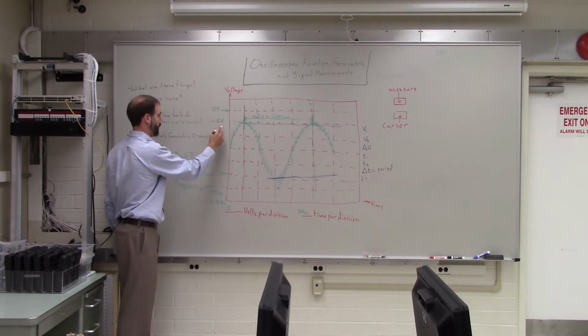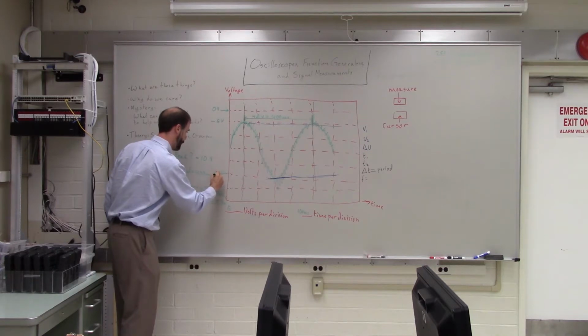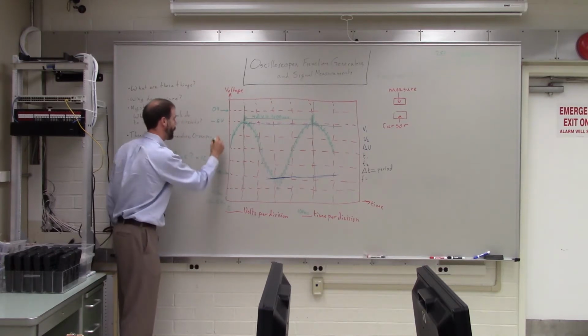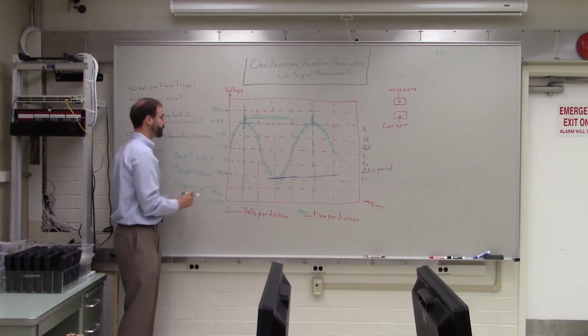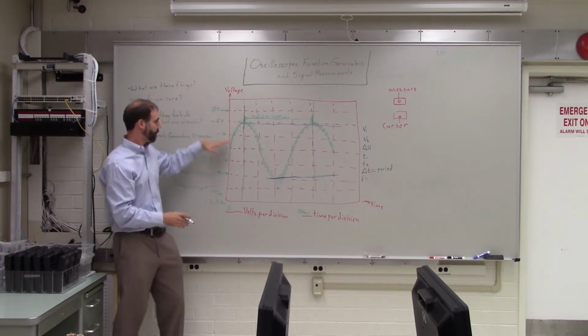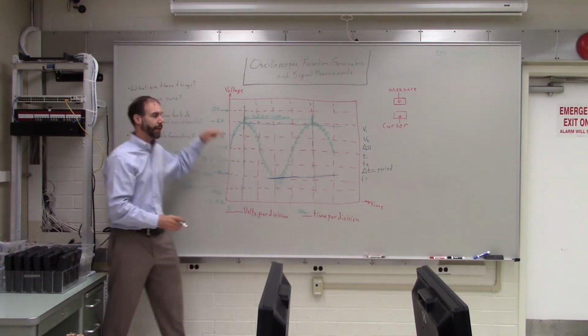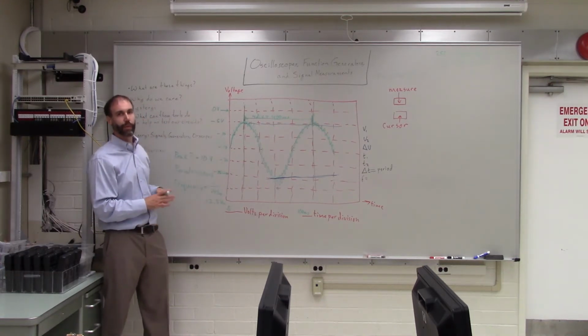Maybe 20? Yeah, -5, -10, -15. So this would actually be -25 volts down there. So if 0 volts is up there, then I know that my whole signal is negative, right? If 0 volts had been down there, then my whole signal would have been positive.